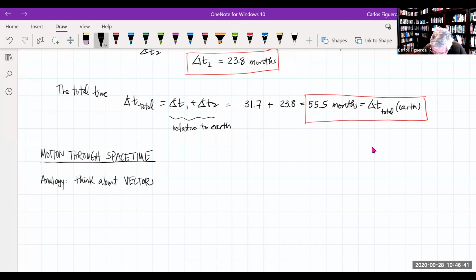What we know about vectors is that we could imagine a coordinate system that looks like this.